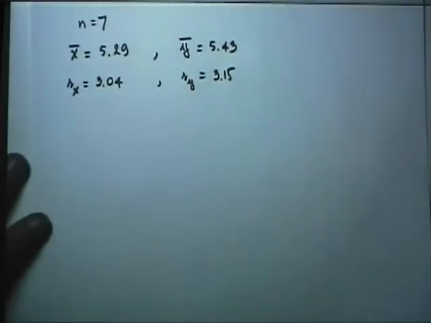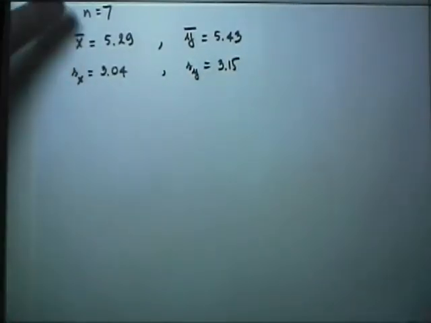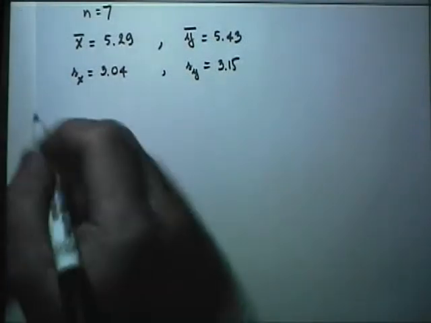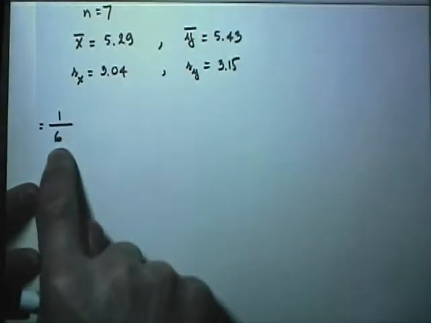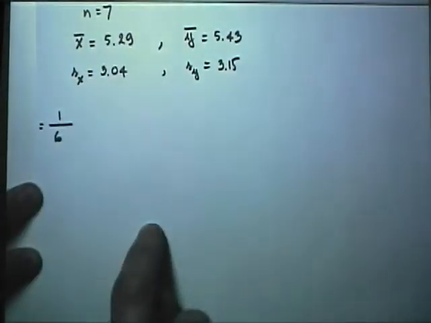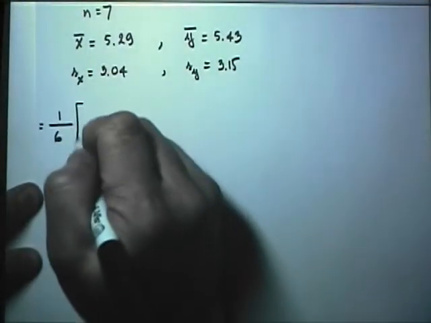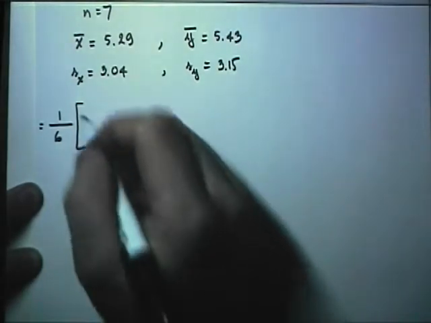As a starting point, my n here is 7, so I have to do 1 over 6, because remember, it's 1 less than 7. Then I'm going to open my square brackets. I look at my first data point.